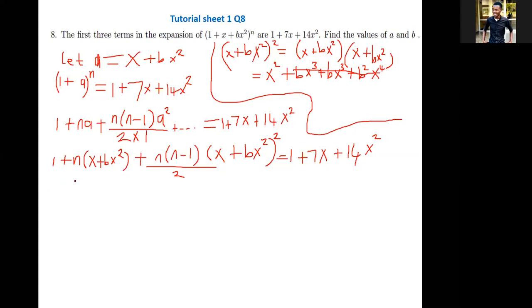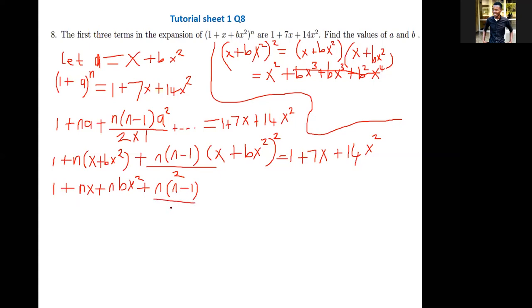So I'll rewrite this. It's going to be 1 plus n times x, which gives nx, plus n times bx squared, which gives nbx squared, and then plus this, which I will not expand, but if you want, you can open the brackets, there's no problem. I like leaving it like this because it's easier to simplify.